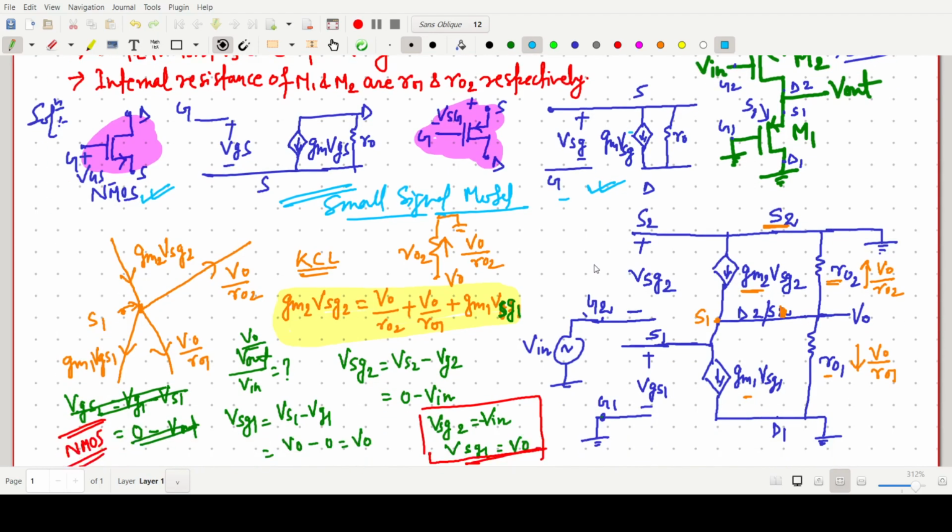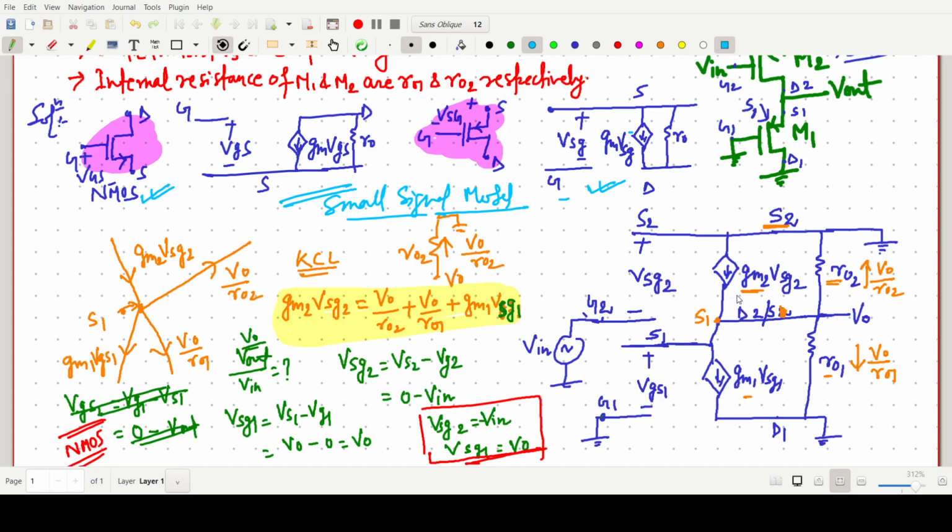So first draw the small signal equivalent circuit. So S2, GM2 VSG2, R02. Then this should be S2, it should be D2 and S1, the source of the M1 transistor, and G2 is connected to the input voltage V in, so VGS1, and this one is connected to ground, so GM1 VGS1.